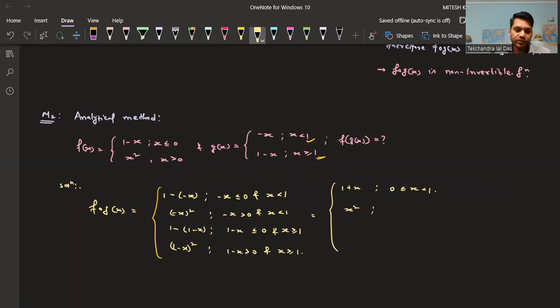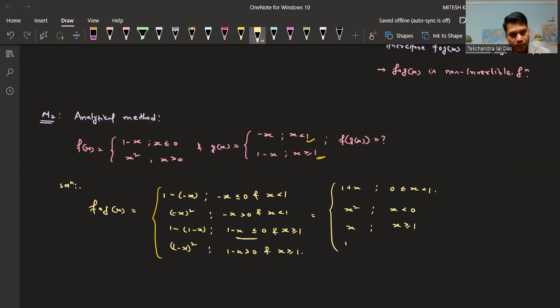This is x less than 0 and this is x less than 1, so the intersection is x less than 0. Then this function is x. From here clearly x is greater than or equal to 1, and this is also x greater than or equal to 1, so the intersection is x greater than or equal to 1.